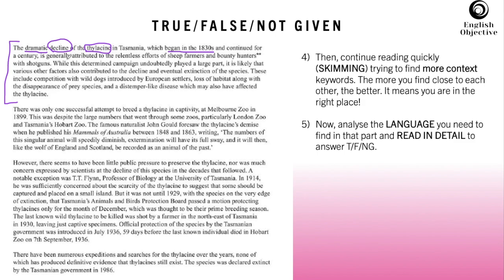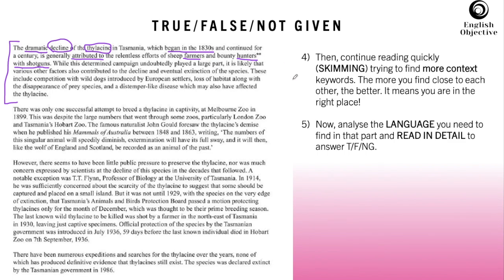So if I continue reading, the dramatic decline is generally attributed to the relentless efforts of farmers and bounty hunters, okay, with shotguns. Okay, so shotguns, decline attributed. This relates to kill. It's paraphrasing the language point for the negative connotation, killed.